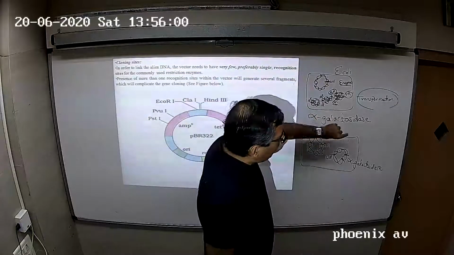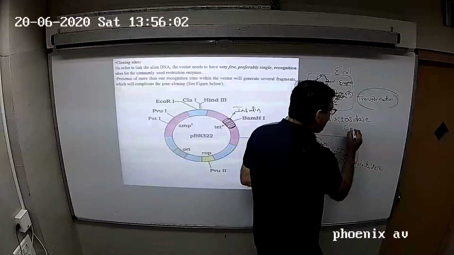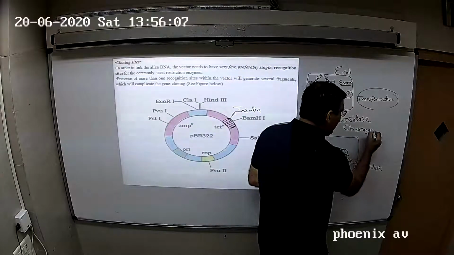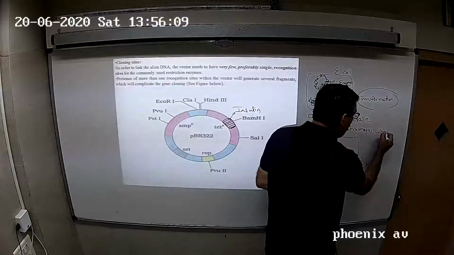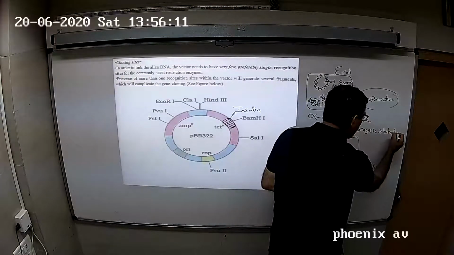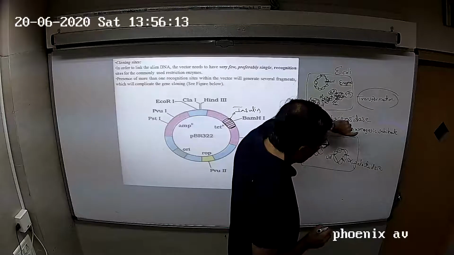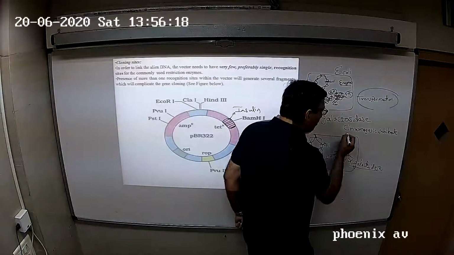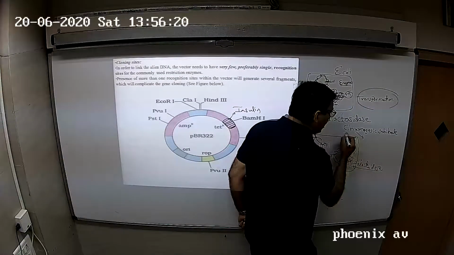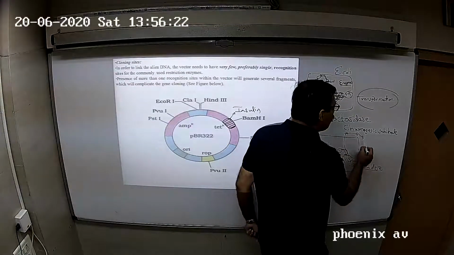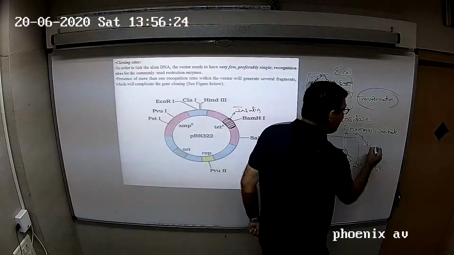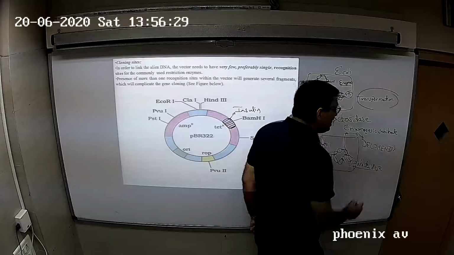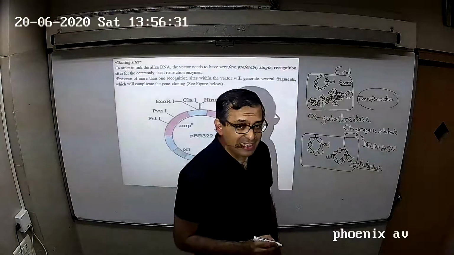A coloring substance called a chromogenic substrate is put over it, and alpha galactosidase will act on the chromogenic substrate and produce delphinine, which is blue in color.